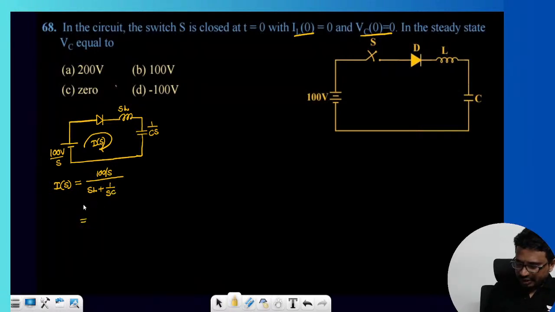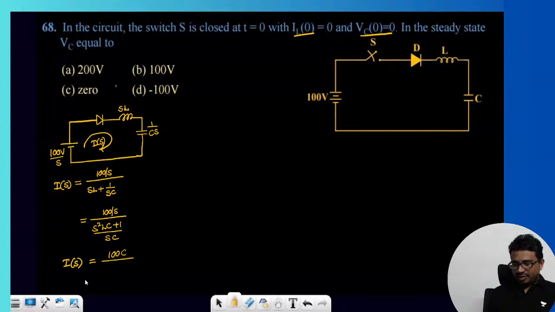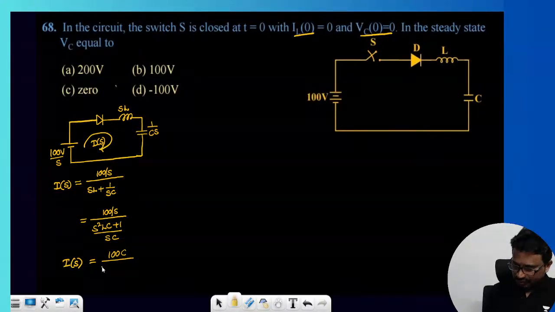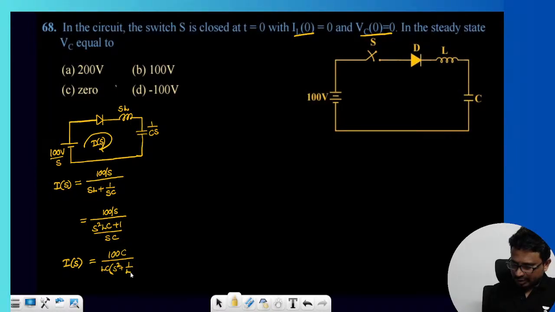Now simplify, take the LCM and simplify this. 100 by S divided by (S square LC plus 1) by SC. So S will get cancelled. So finally we get I of S equal to 100C by, taking LC common in the denominator, LC times (S square plus 1 by LC).